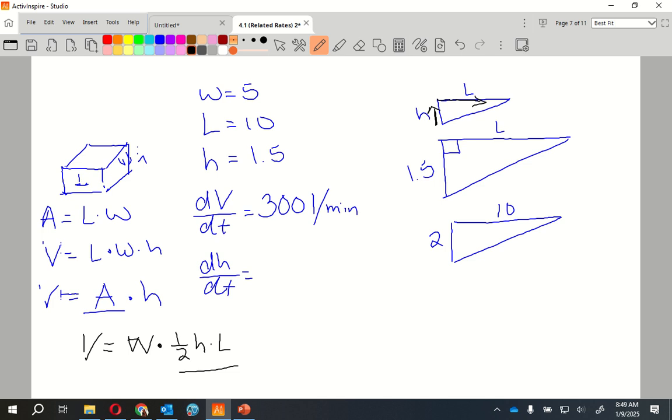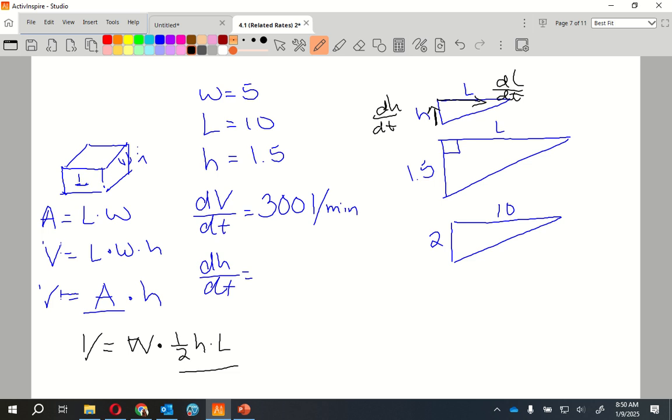So technically, as these two things change, I'm going to get a dH dt, and I'm going to get a dL dt. But do I have anything having to do with dL dt here? No. I don't. So that's the reason why I need to use the ratio of this.